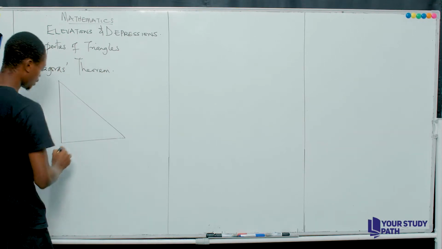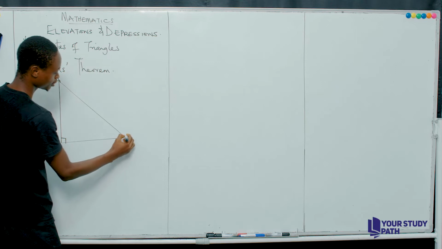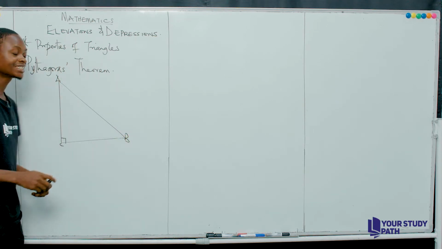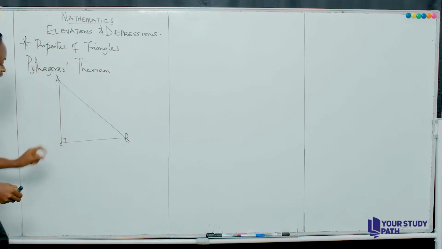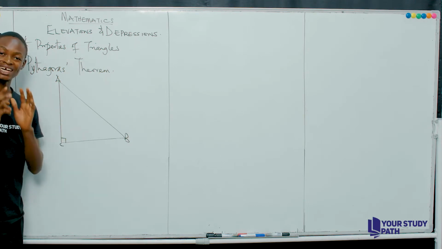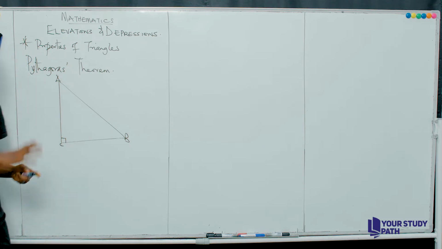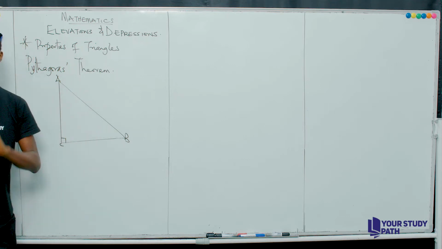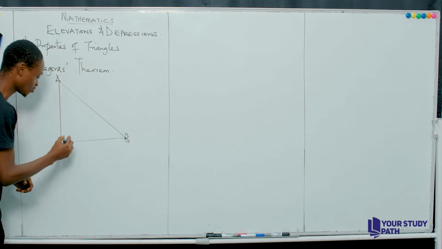Let's name this A, B, C. In this right-angled triangle, this is obviously the angle that is exactly 90 degrees, hence the reason why it's a right-angled triangle. Now, we can classify some sides within this right-angled triangle based on the knowledge of the position of the right angle, which is this.